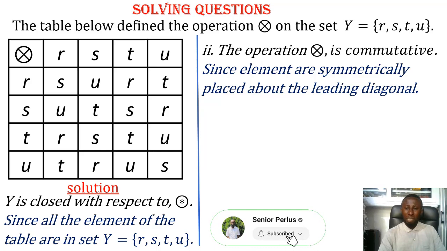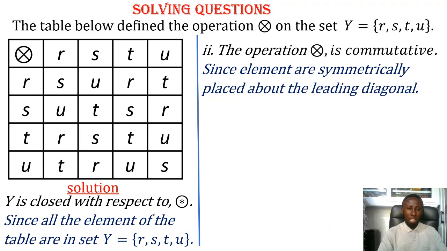The operation star is commutative since the elements are symmetrically placed about the leading diagonal. So this is our leading diagonal, right? This is what we said earlier.